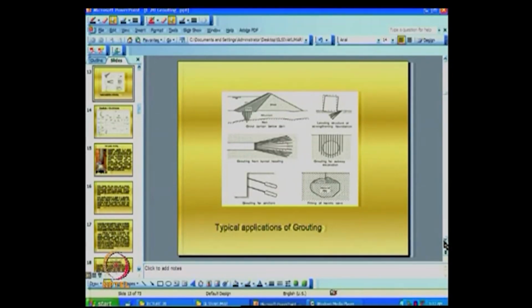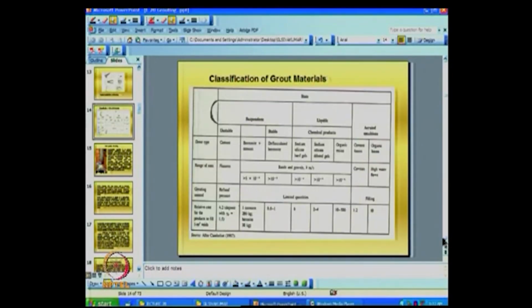Of course, applications could be too many. So, we should be able to understand what are the different types of suspensions or grouts you have. Since you have seen that there are 3 or 4 types here.